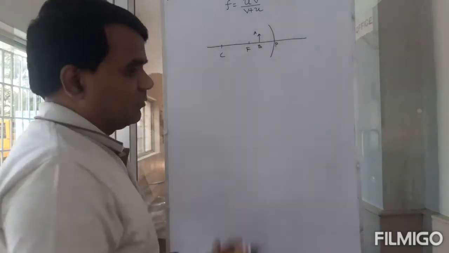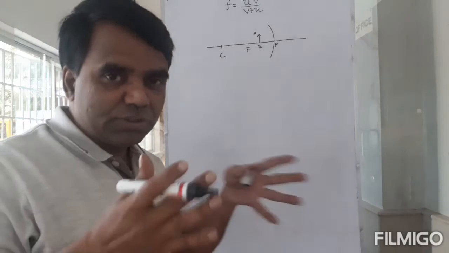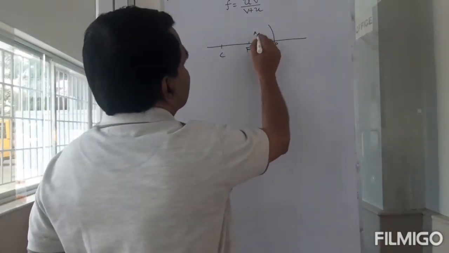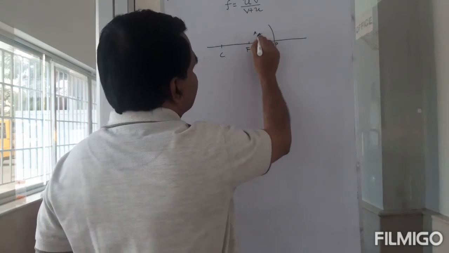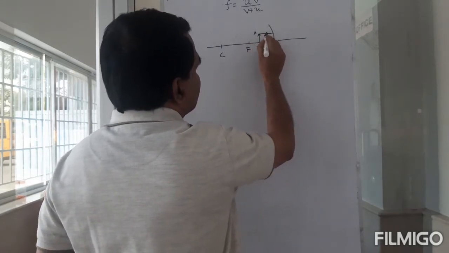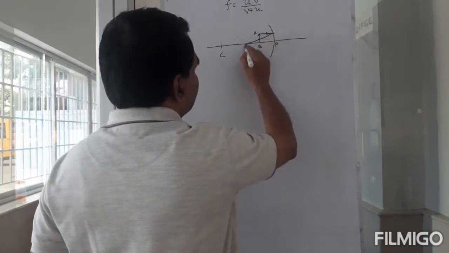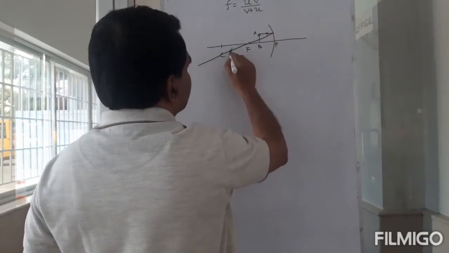So what is going to happen? Well, I'm going to use the same rules. What are the rules? The parallel ray that comes here must pass through the focal point after reflection.